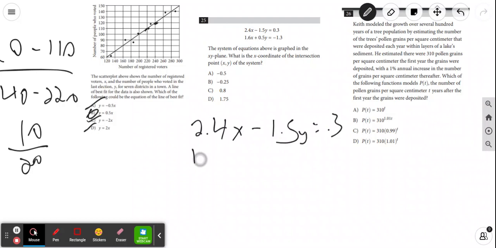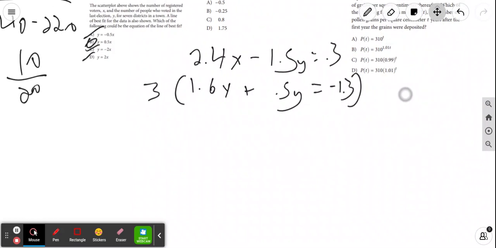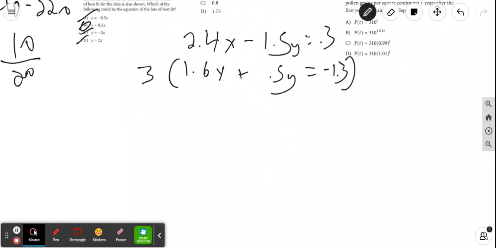Okay, 1.6x plus 0.5y equals negative 1.3. Which one is the easiest to match or to try to cancel a term? 0.5 and negative 1.5. They're just multiples of 3. Just multiply each one by 3. I would use your calculator.